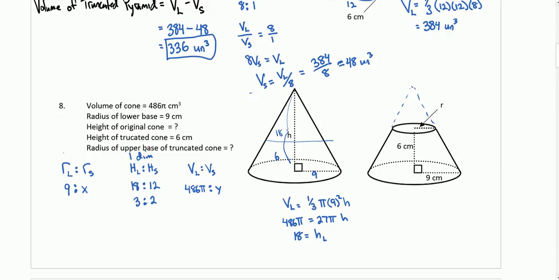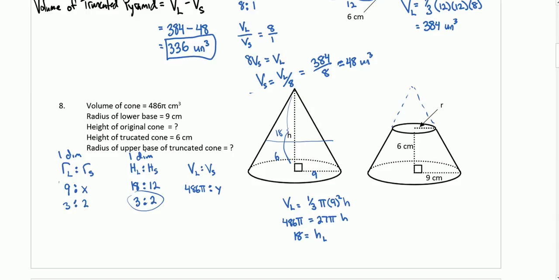So is the radius. Radius is also one-dimensional. And so we know that the ratio of the radii are going to be this. It's going to have the same ratio for the heights, and that ratio of the heights is 3:2. So we know this is also 3:2.